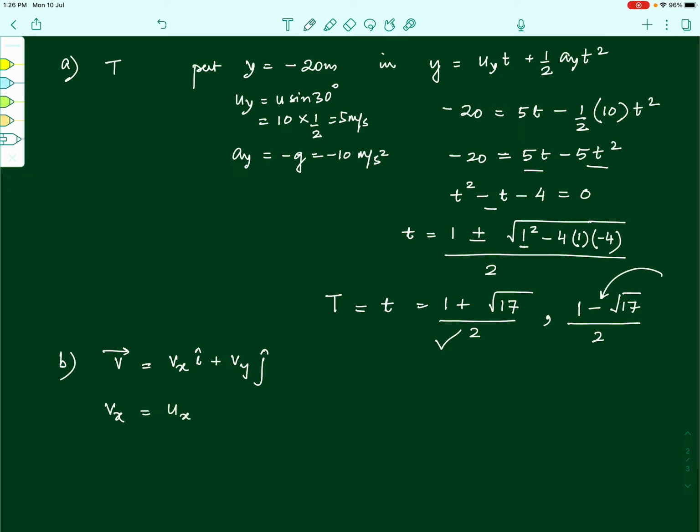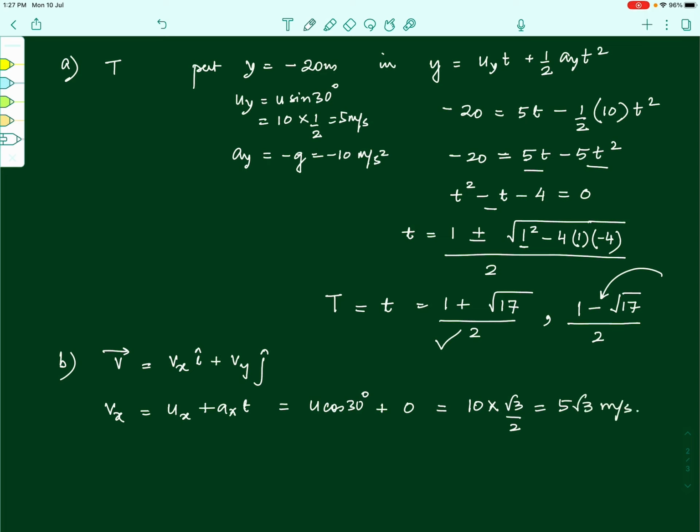Vx will be ux plus ax into t from the first equation of motion, which in this particular case will be u cos 30 plus 0, ax is 0, right. So, 10 into cos 30, which is root 3 by 2, 5 root 3 meter per second will be the velocity along the x axis.